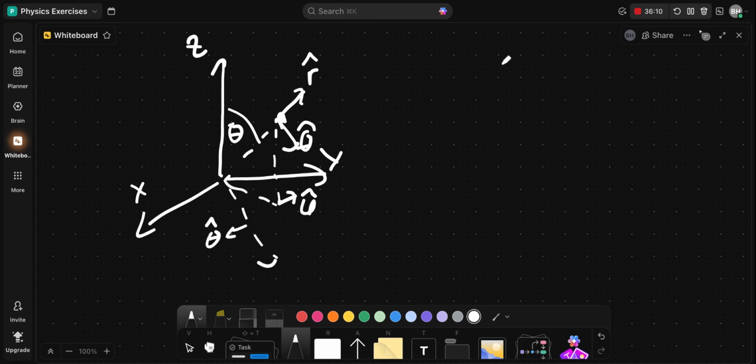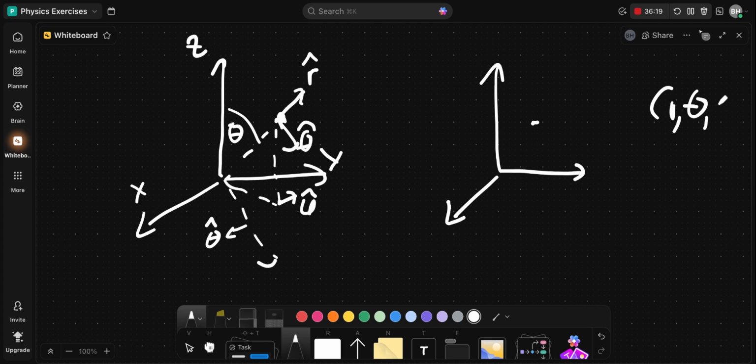But at any point, let me actually draw this coordinate system again. If you have a point which is given by r, theta, and phi, this being the radius, that's the increase in r, that's the increase in theta, and roughly, this is hard to draw, that will be the increase in phi.